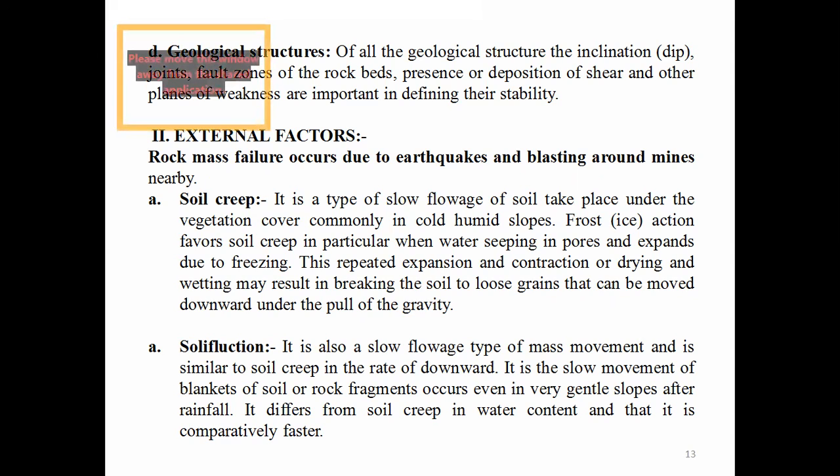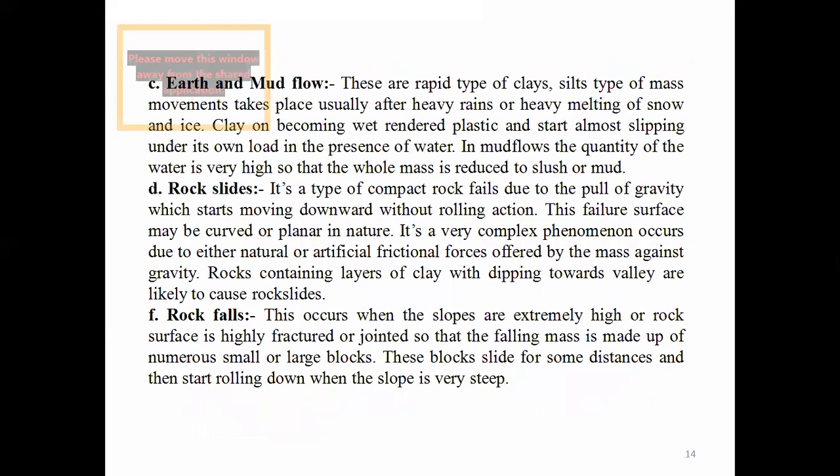The next one is solifluction. This is also a slow flowage type of mass movement, similar to soil creep in the rate of downward movement. This slow movement of a blanket of soil or rock fragments occurs even on very gentle slopes, often after rainfall. It differs from soil creep in water content, and is comparatively faster.